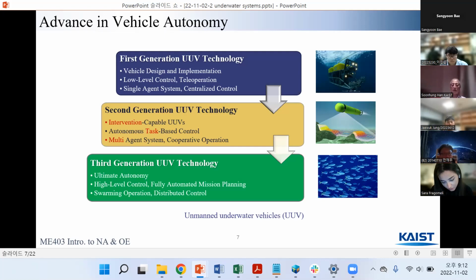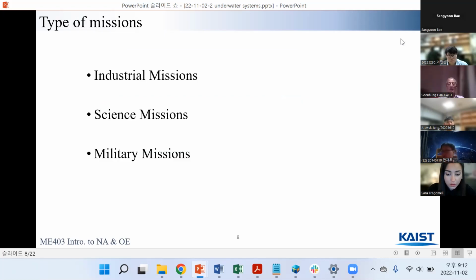So not centralized control. Each agent has their own function of autonomy. And then missions are given to them, and we can classify them as industrial missions, scientific missions, and then military missions for unmanned vehicles or ROV.